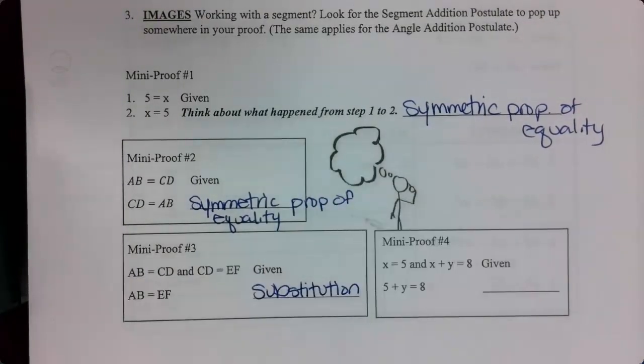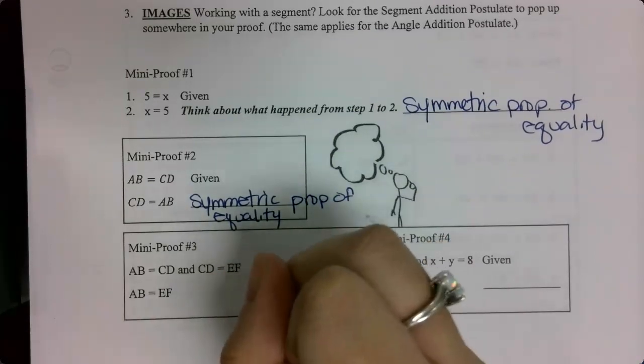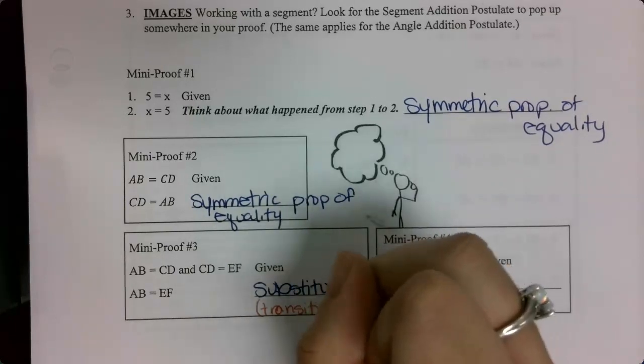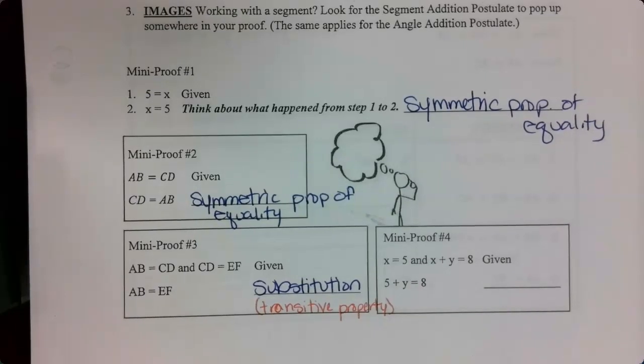You may see this with a different word. That would be transitive. So substitution is just replacing something that equals something else.